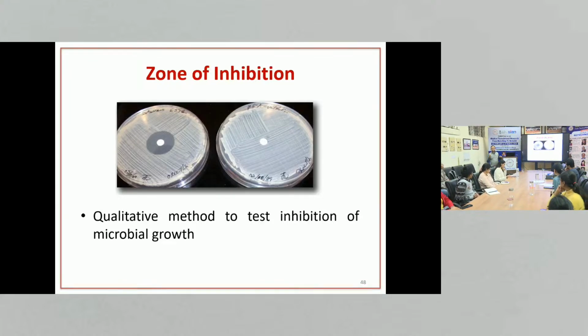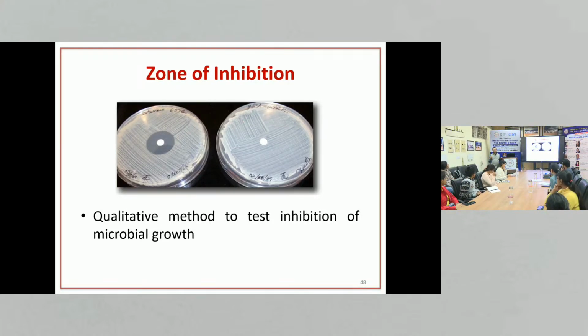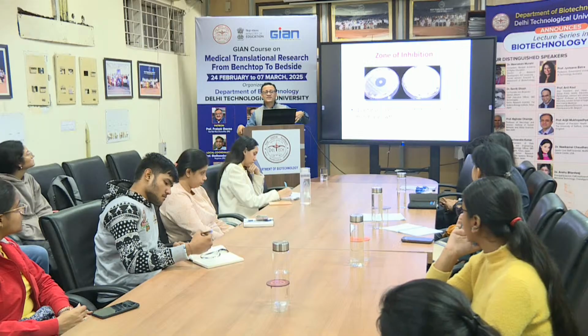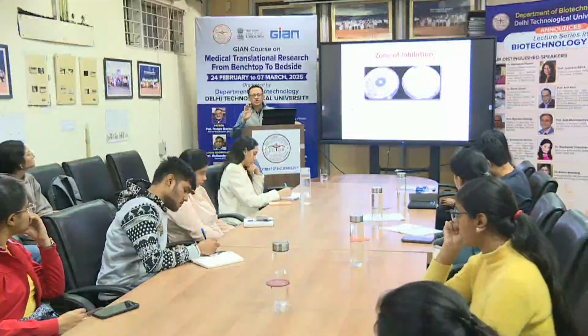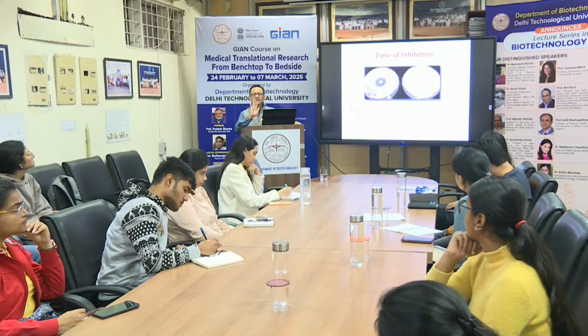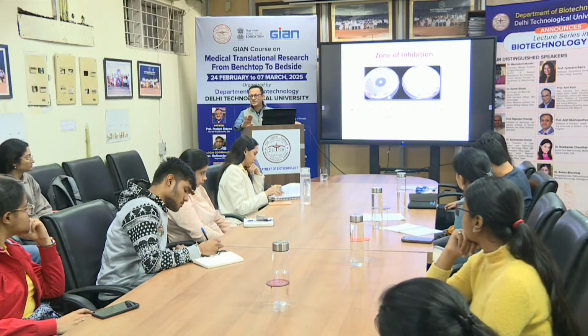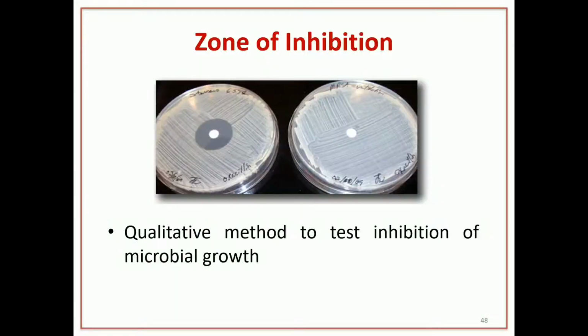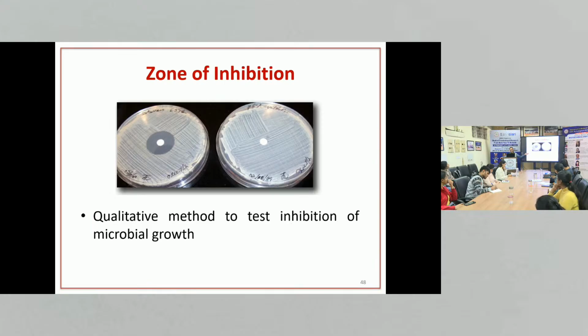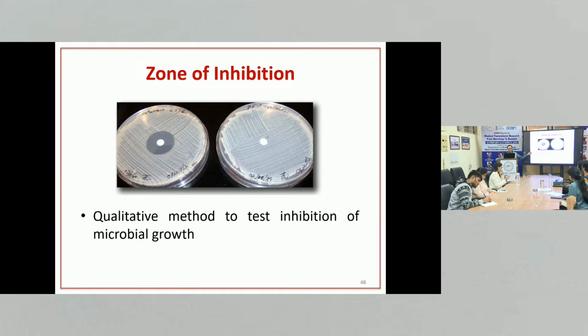If your surface is a passive coating, PEG or slippery surface, then you are not releasing anything actively, and you are not going to see the zone, right? Or if your material is not antimicrobial, it's just preventing bacteria from sticking to the surface, it's not killing bacteria, this method won't work, right?